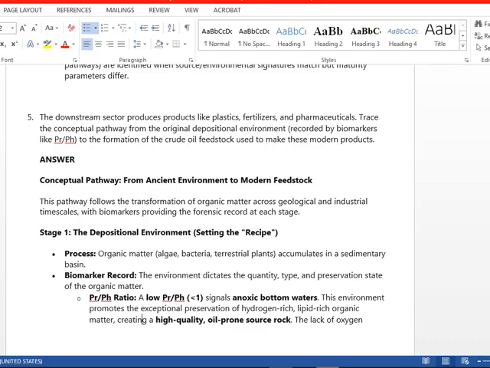Now, what are the stages? If you're going to answer this, just answer with stage one, the depositional environment. You just need to talk about how the organic matter accumulates in a sedimentary basin, and the environment dictates the quality, type, and preservation state of the organic matter.